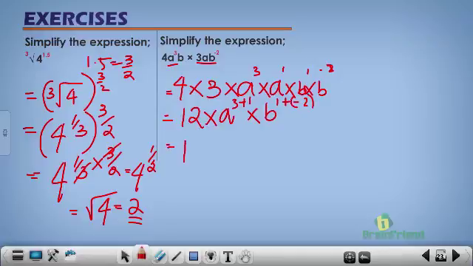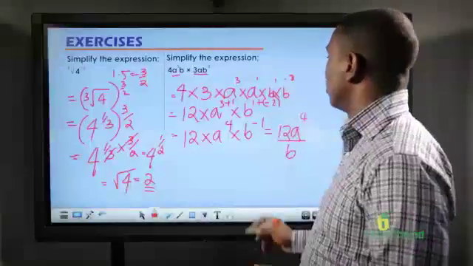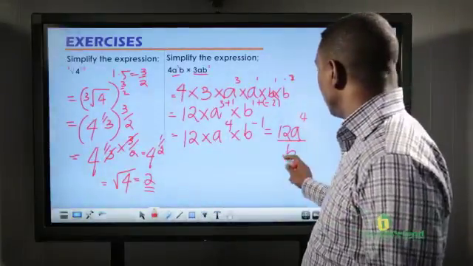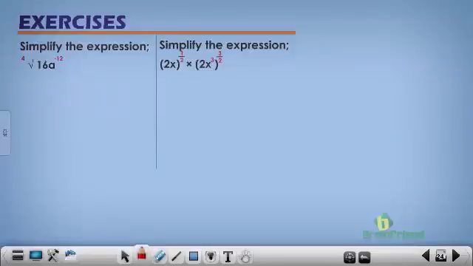And this would give us 12 times a raised to power 4 times b raised to power 1 plus minus 2, which would be 1 minus 2, which at the end of the day is minus 1. And of course, this gives us 12 a raised to power 4 all over b raised to power 1. Of course, we have no need to write it, so we leave it in this form. I hope we are understanding.